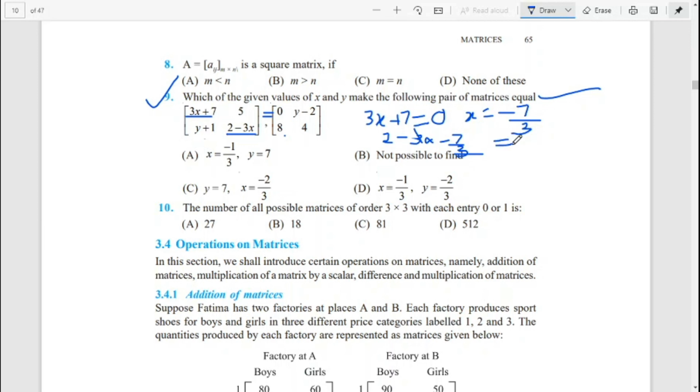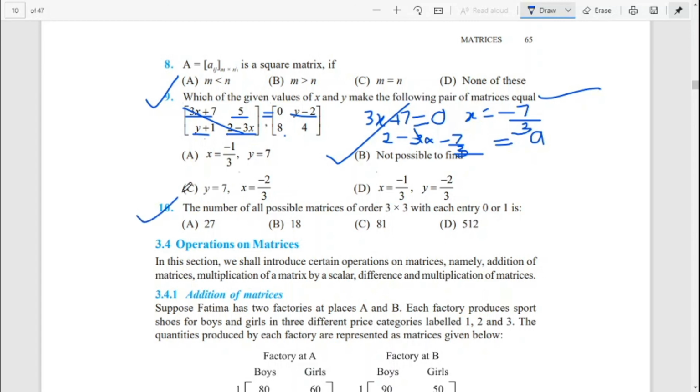We got 9, right? So do you think it is defined over here? No, right? So it's not defined. But for y it's okay. See, y minus 2 equal to 5. So when you find y, it will be 7. In this case also same thing, but for x it's not defined. So it is not possible to find the answer. So here the correct answer is B.